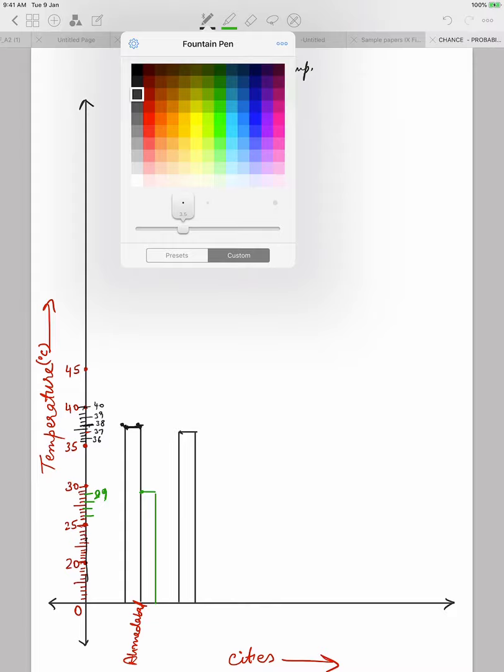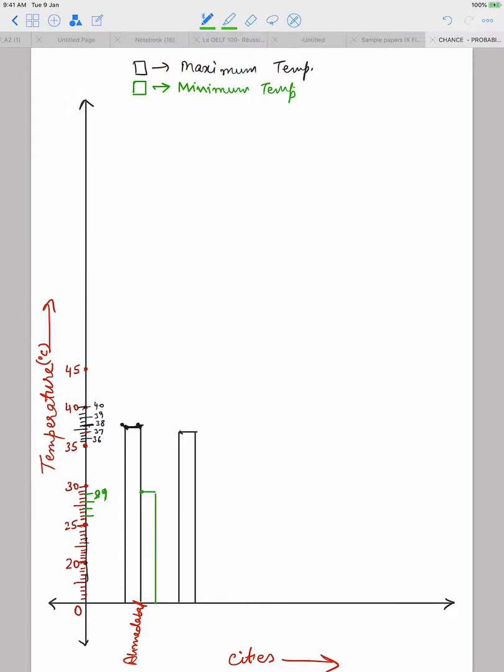Now I have to use a green colored pen for showing the minimum temperature of Amritsar, and that is 26 degrees Celsius. So after 25, 26 will be this number. Okay, this is 26. So I will go up to this height and show 26 here.